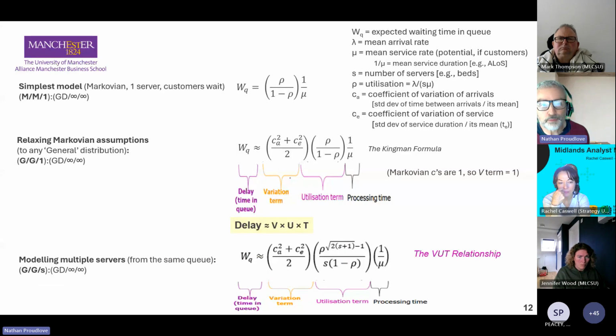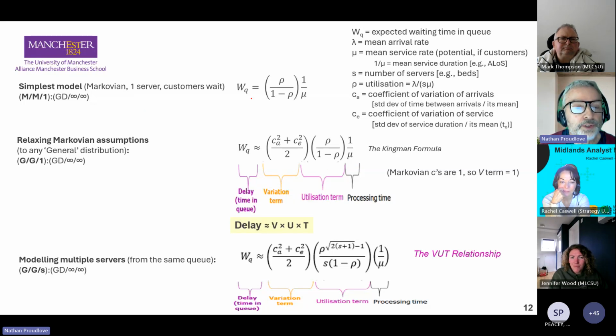This is the only slide of maths, but there are plenty more equations in the appendix of the paper if anyone's really interested in the maths. The very simple models that we've been looking at so far, behind the Neil Wilson stuff and the pediatrics model, say that the expected waiting time for a patient is something to do with the utilization.